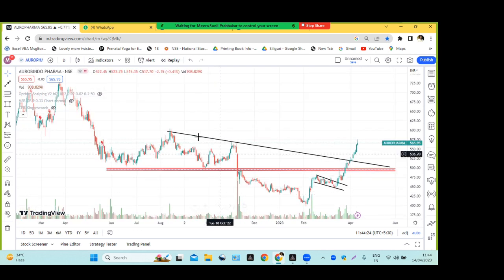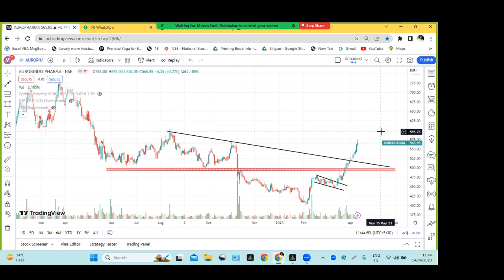Because this is in a strong uptrend and it has reached till here, and there are stop losses of a few people over here also. So when it has tried till here, it will definitely try till 614, so that all the sellers' stop losses could be hunted.